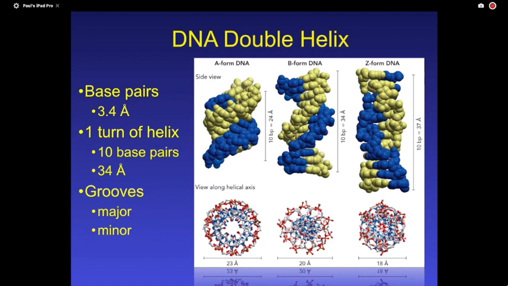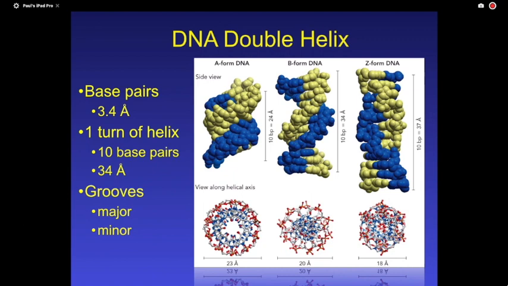And so crystal structures, although they give us wonderful data, sometimes give us data about a structure that doesn't represent what's in the cell itself. The Z form actually has the helix going in the wrong direction and is not biologically active.